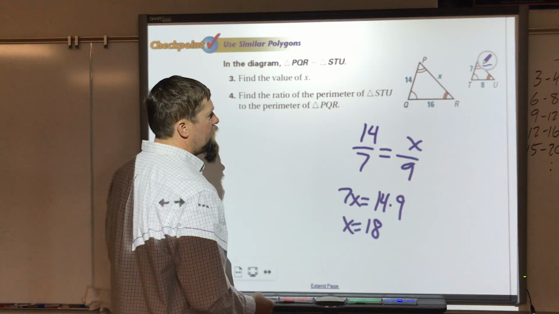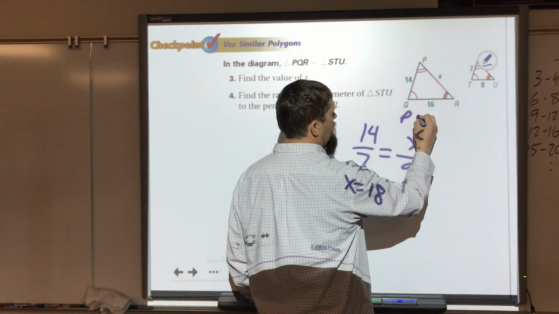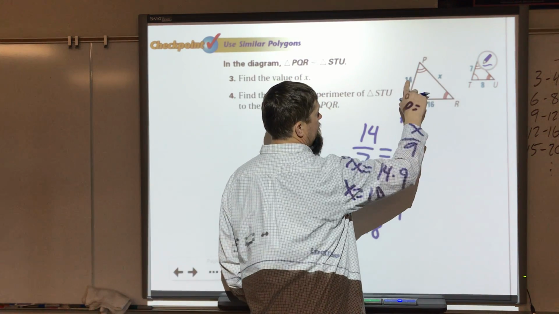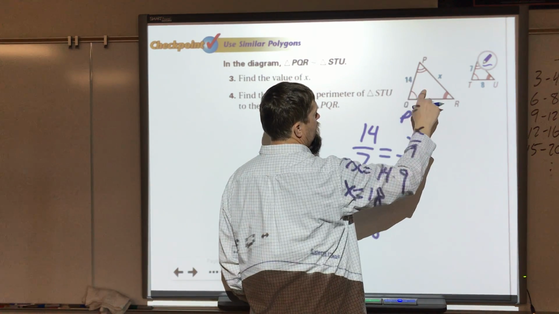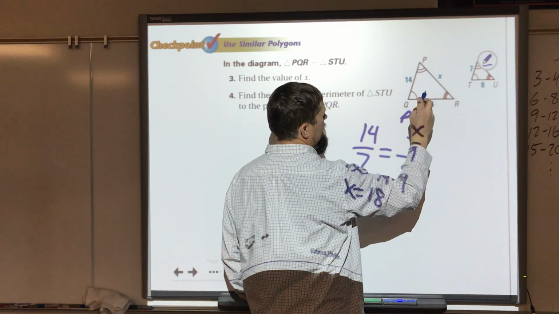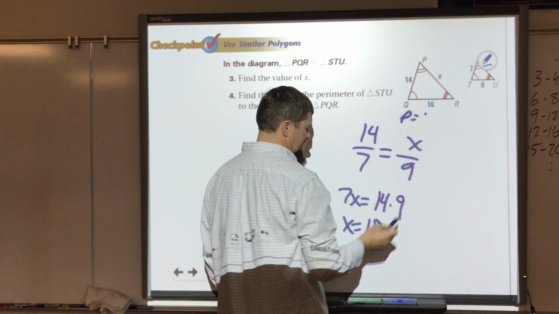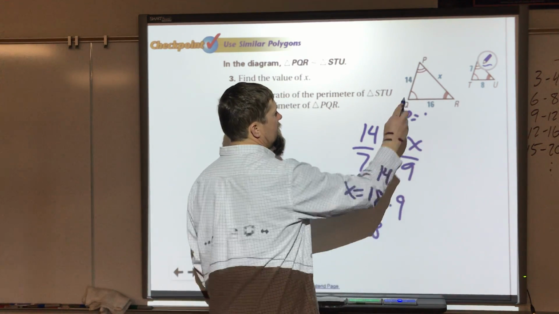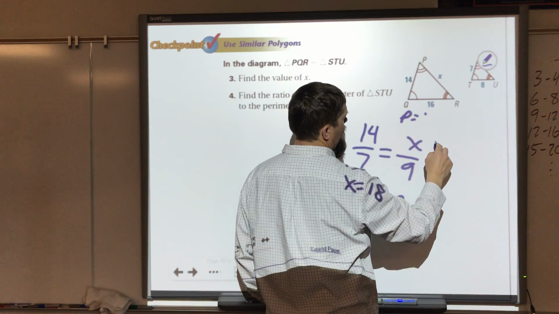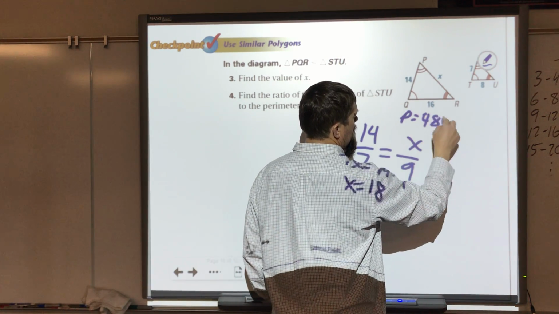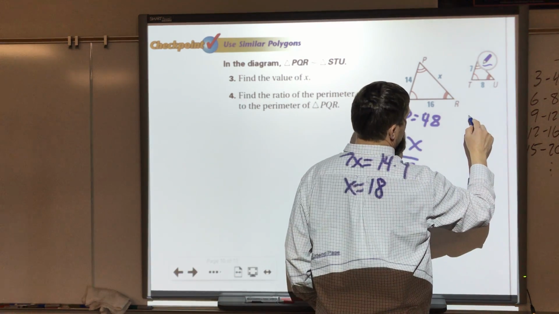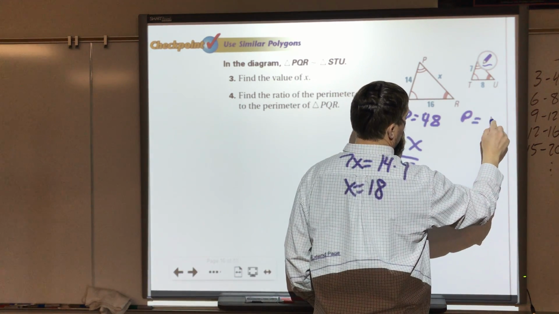And then it says find the perimeter. The perimeter of this one is 18 plus 14 is 32, 32 plus 16 is 48. 9 plus 7 is 16, plus 8 is 24.